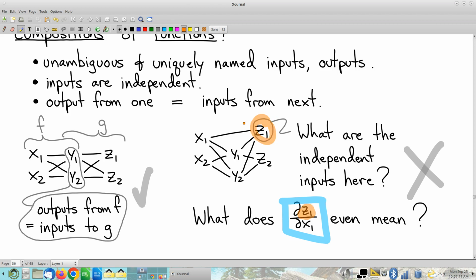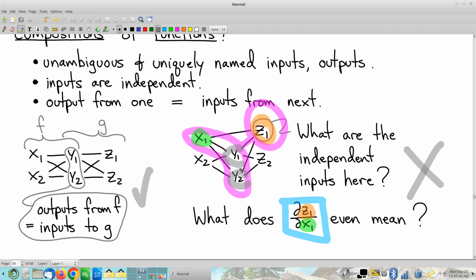Z1 is a function of these variables. I want to take the partial with respect to x1. That means this is a variable, but now y1 has got to be a constant and y2 has got to be a constant. But you can't, because look at this. The formula for y1 depends on x1. If x1 is changing, y1 will be changing too. I can't hold it constant.